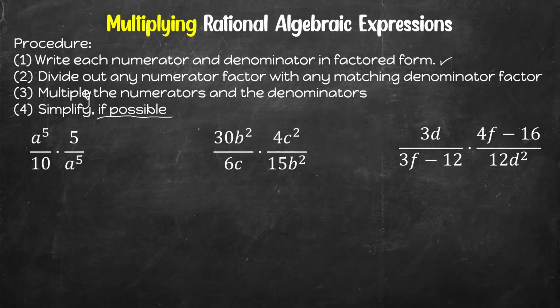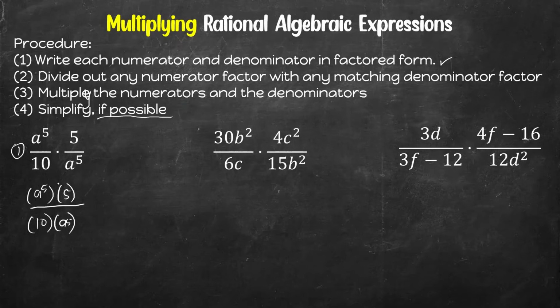Let's say for example, sa unang example natin, example number 1, we have a raised to 5 divided over 10 times 5 over a raised to 5. So basically, pwede na tayong mag-cancel dito. Para hindi kayo malito, ito yung tinatawag kong cancellation. Si a raised to 5, itatabi ko na siya kay 5. Si 10, itatabi ko na rin kay a raised to 5.